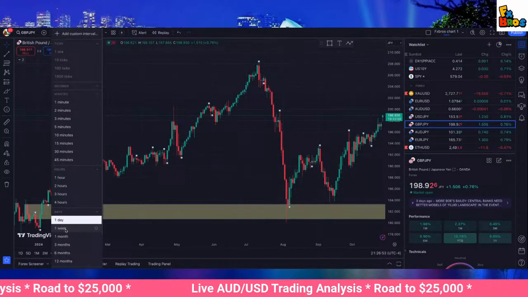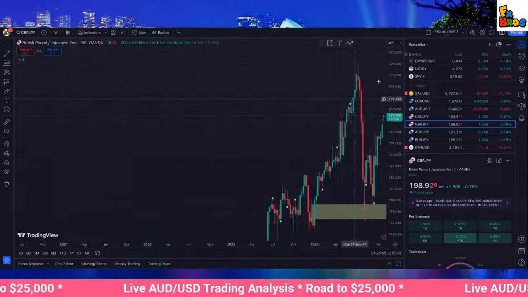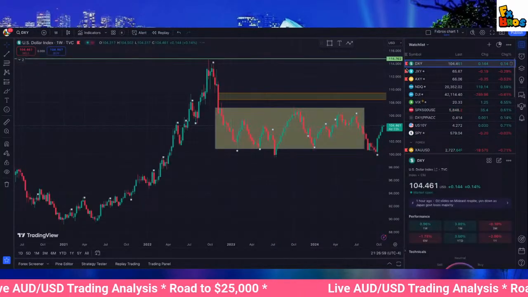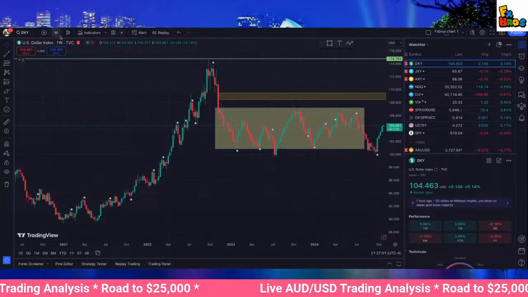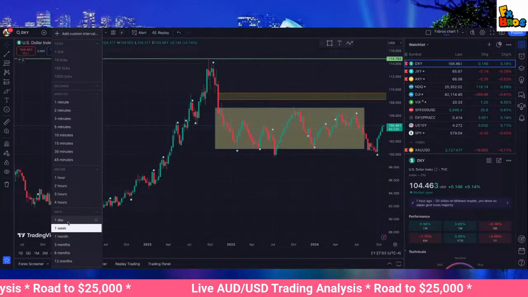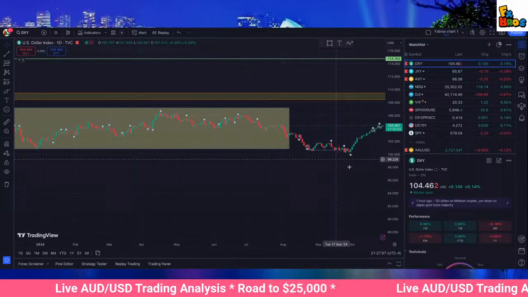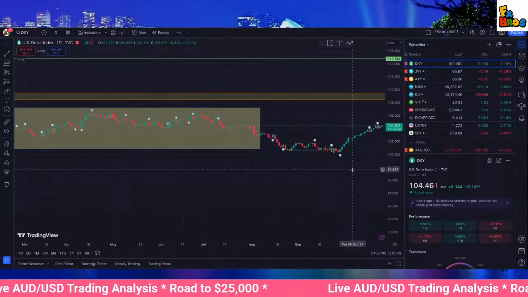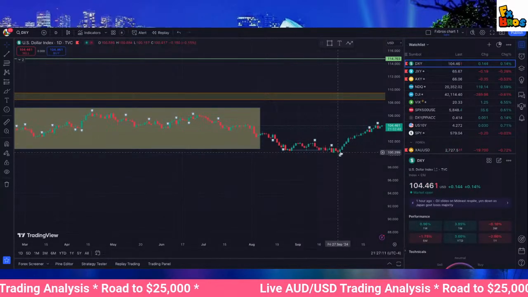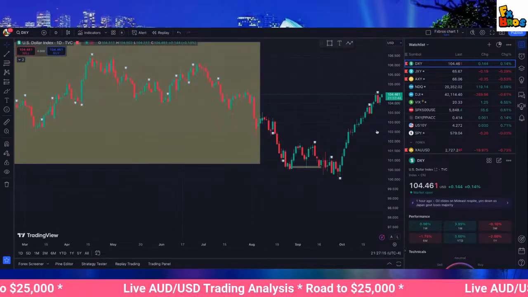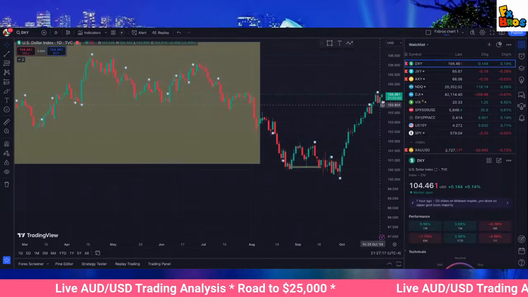Pull up DXY. See how the dollar is looking. DXY on the weekly is ranging. On the daily, that's really what's controlling the majority of it. It's bullish, but it's a falsified bullish. I don't like bullish moves like that. Really, it's not bullish from this chart.